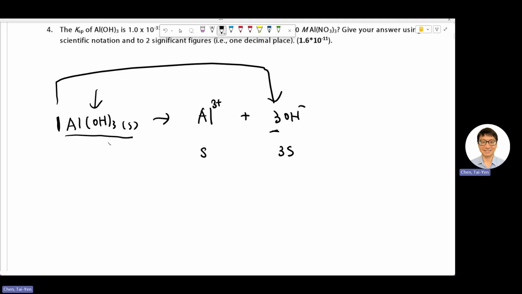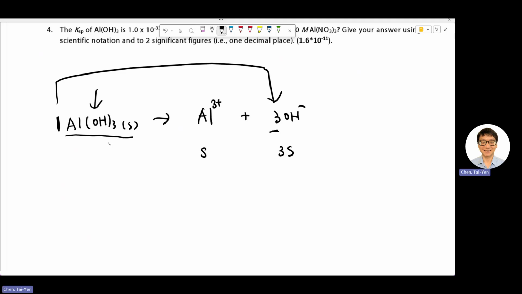Everybody follow that? Something that you must know why, something you must be able to write yourself. That is the concentration of your Al3+ and OH- if you only have your insoluble salt.